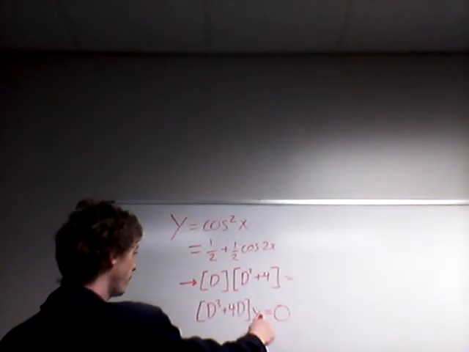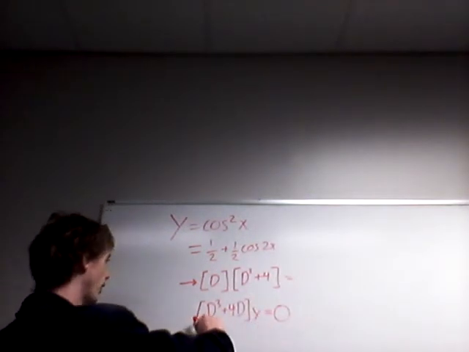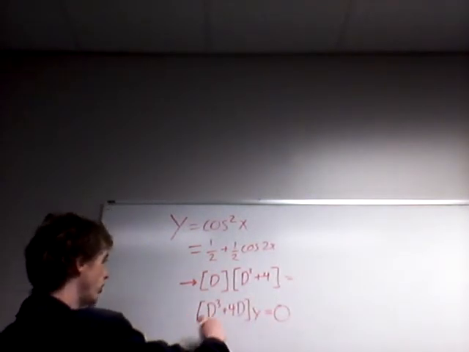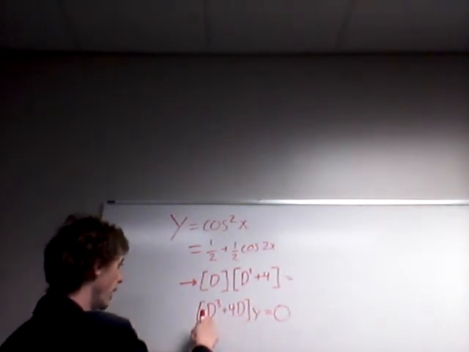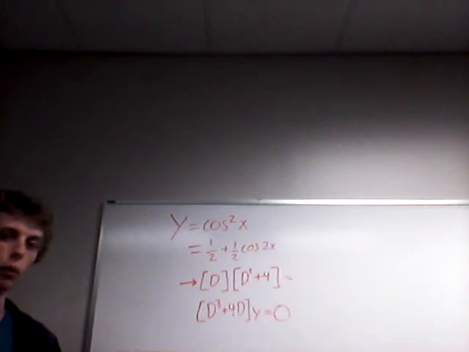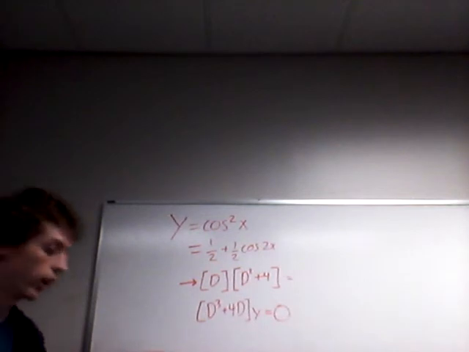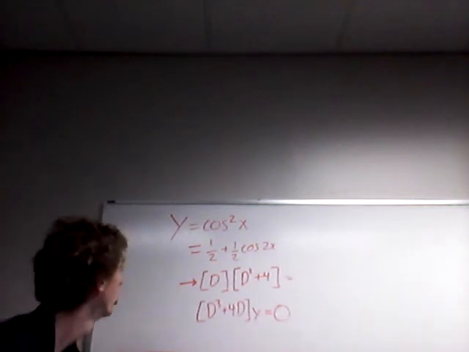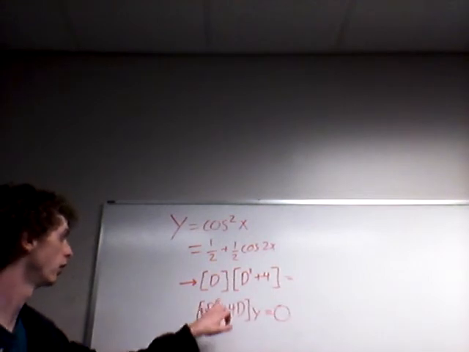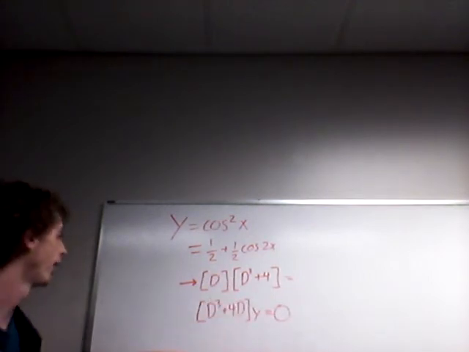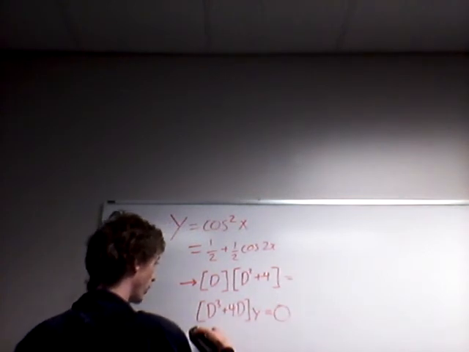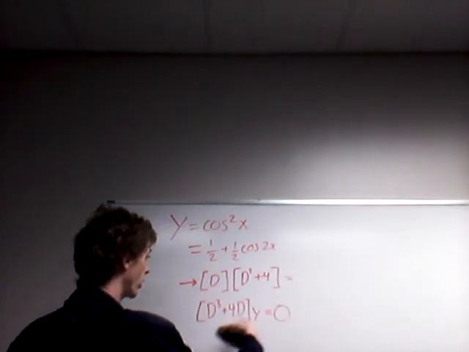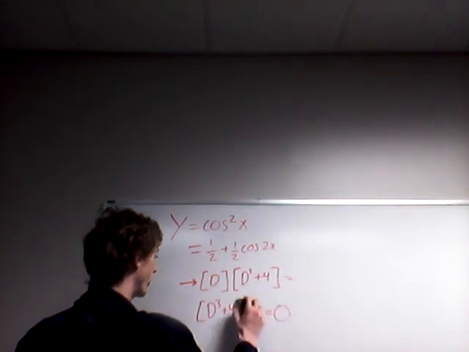And now all I have to do is distribute this y throughout. What this D means is it's just the derivative of our function. And whenever D is raised to a power, it's that number derivative. So here we have D raised to the third power. That means I'm going to get y to the third derivative. And when I have 4D, I'm going to have 4 times y to the first derivative.